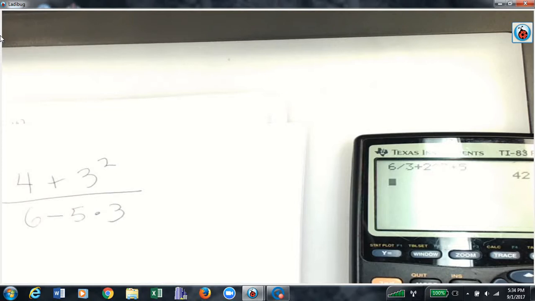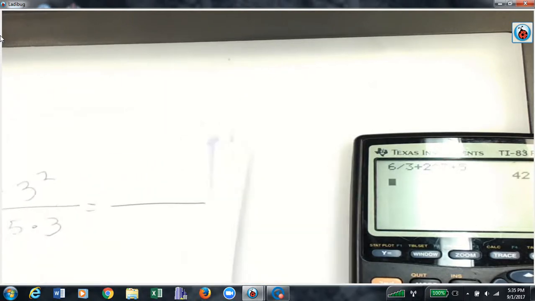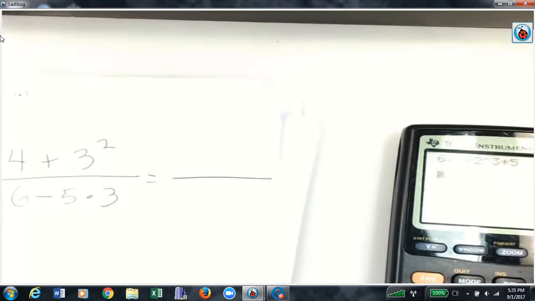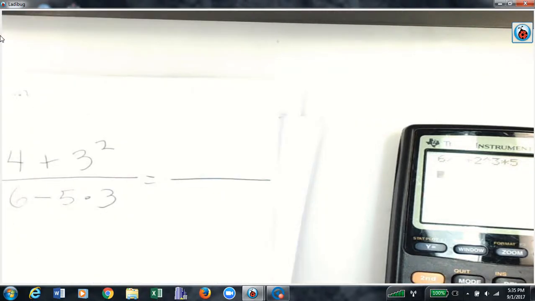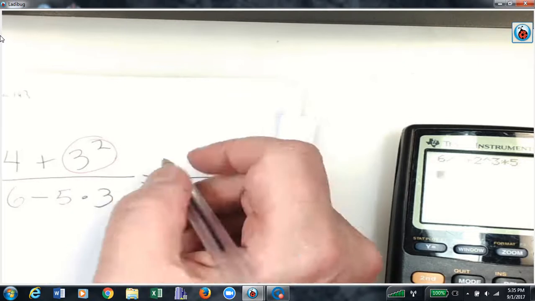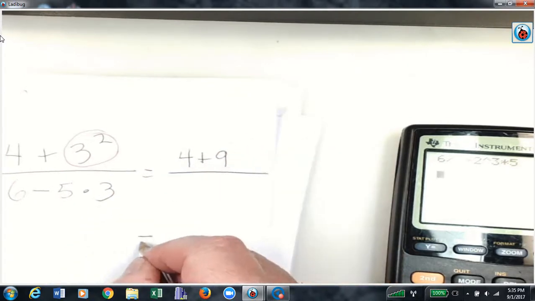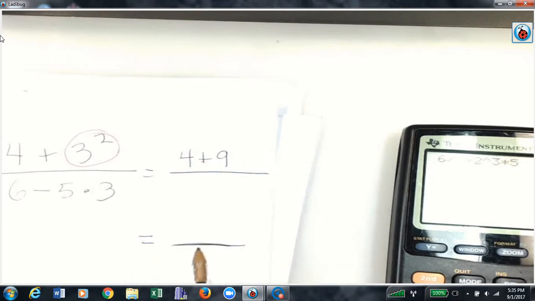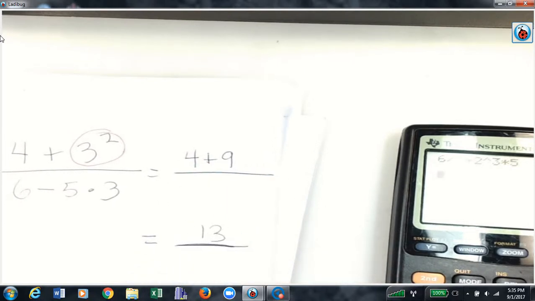So the numerator, I use these rules for the numerator, and I do have a power in there, so I'm going to do this one first. So that's going to be 4 plus 9. I'm just working the numerator. I'm going to come back and do the denominator, and 4 plus 9 is 13. And the numerator is 13.